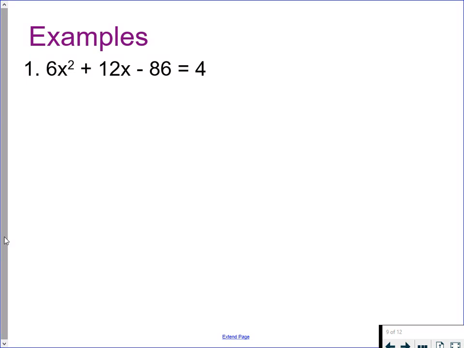And we can still complete the square when A is not 1, but we gotta fix it first, okay? So you're still going to move your C value over, but don't write your blanks just yet.